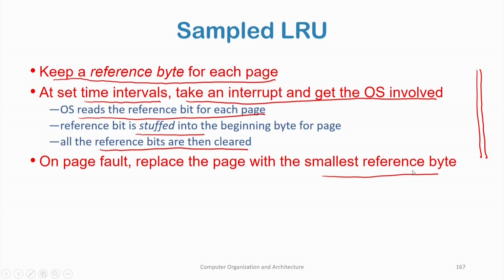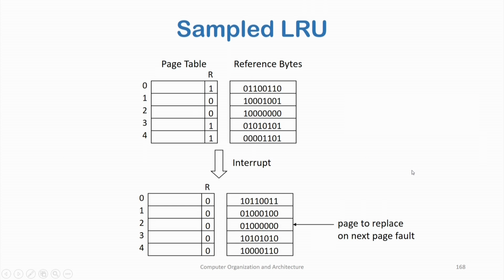So, how does this scheme work? Let us say these are my reference bytes for each page. These are distinct pages, page 1, page 2, page 3, page 4, page 5, and this is the page table, which contains my reference bits.